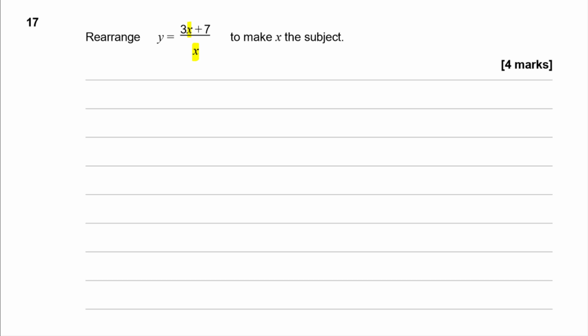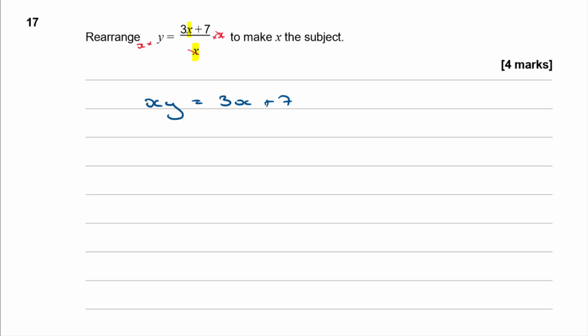So bearing that in mind, the first thing I'm going to do is times both sides by x. If I multiply through both sides by x, then on the right hand side you'll notice that these are going to cancel out, and on the left hand side I'm going to end up with xy is equal to, and then on the right I'm left with 3x plus 7. The denominator is gone because I multiplied it through by x.